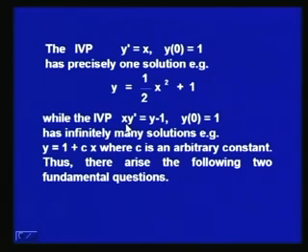Next let us consider the case of an initial value problem x y dash equal to y minus 1, where y0 equal to 1. We can see that here in the differential equation x y dash equal to y minus 1, if you put x equal to 0 we find y is equal to 1. So y at 0 equal to 1 is automatically satisfied. So let us assume that x is not equal to 0.